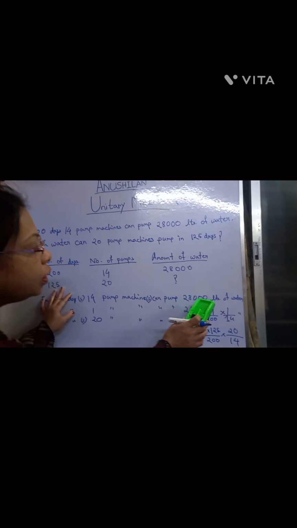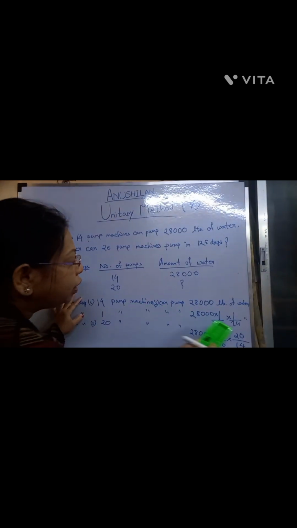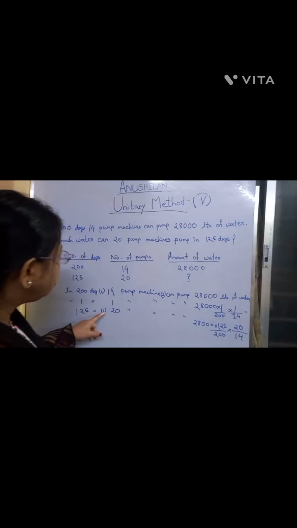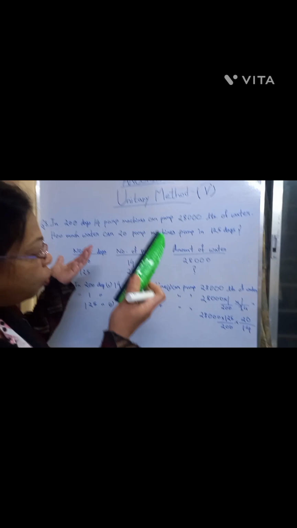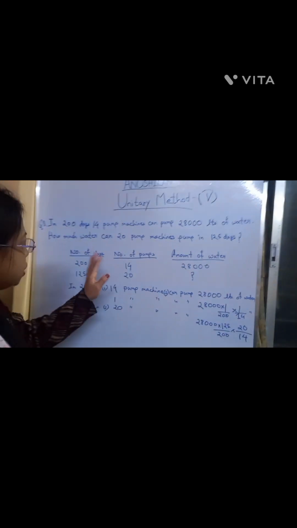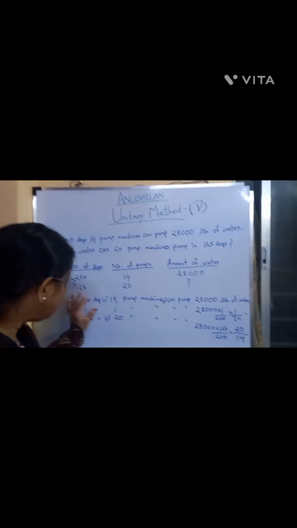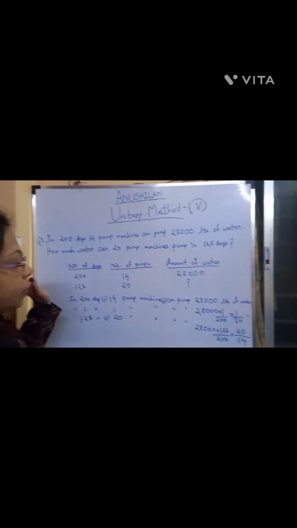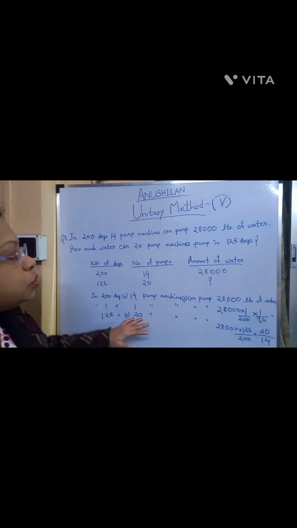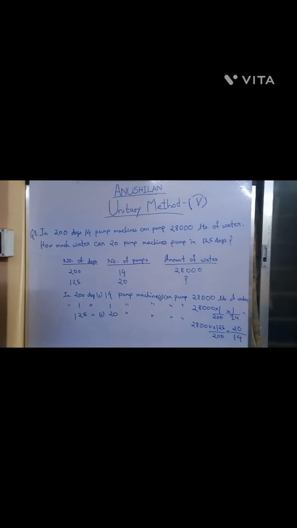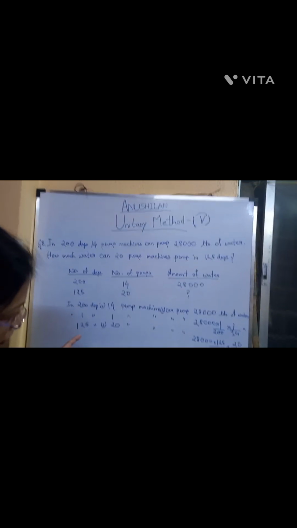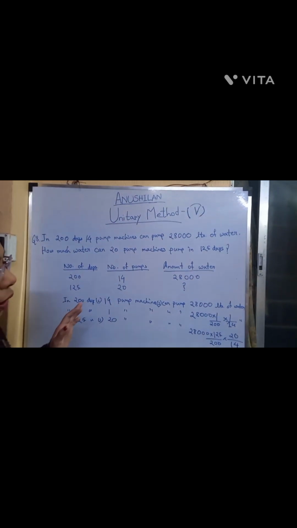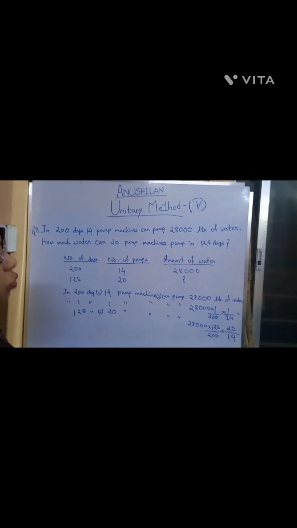For 14 pumps in liter, when one pump can pump less amount of water, there is a division, and 20 pumps will pump more water, so there is the multiplication. Just wipe it and take this one, and when you consider this one, just forget about this one. So you will not be confused with the number of parameters. Just go through the video, see the video 2, 3 or more times, and you will get the idea clearly. If any problem arises, then you can comment to me.